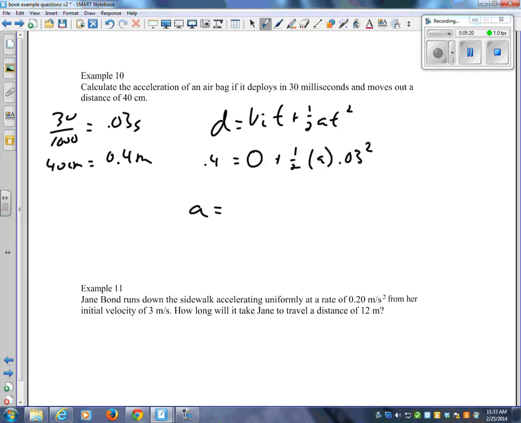So your A value is going to be 0.4 divided by 1/2, and also divided by 0.03 squared. 888.9. Let's write that over.